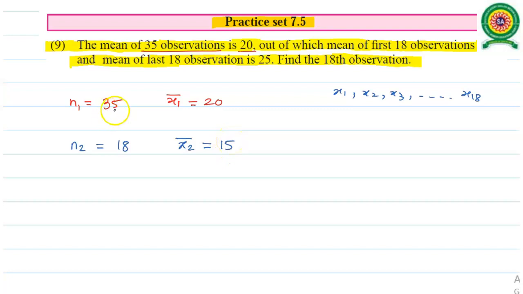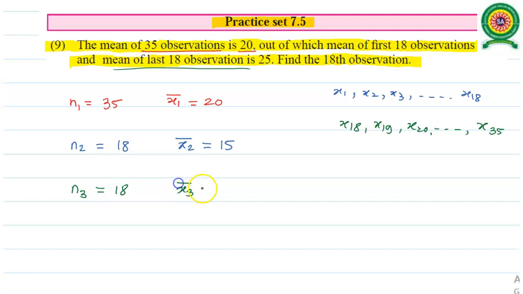Now among the 35 observations, the last 18 observations are x18, x19, x20, and so on till x35. Again the total number of observations, I am assuming it as n3, which is 18. Their mean, x3 bar, is given as 25.